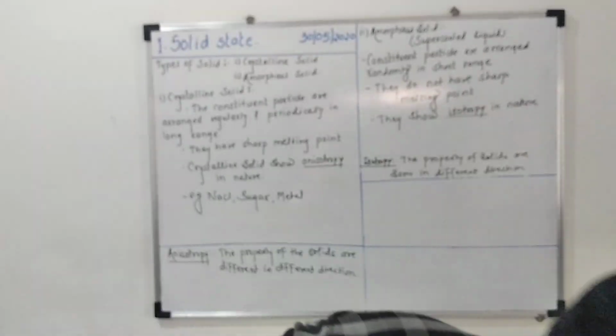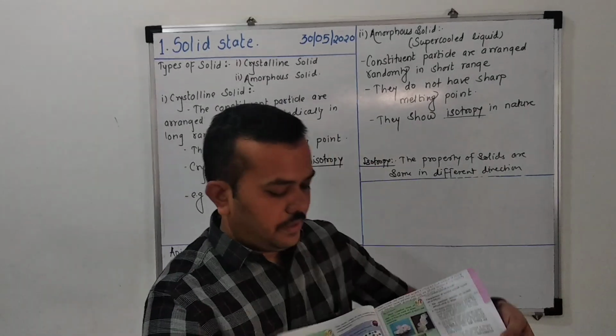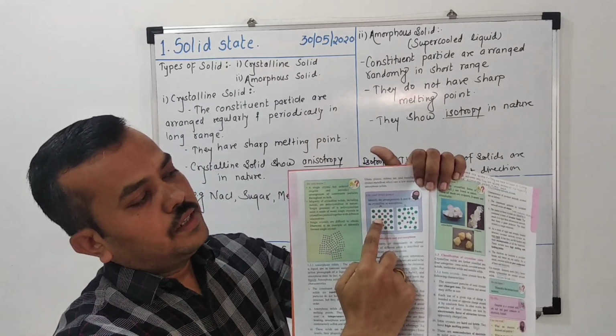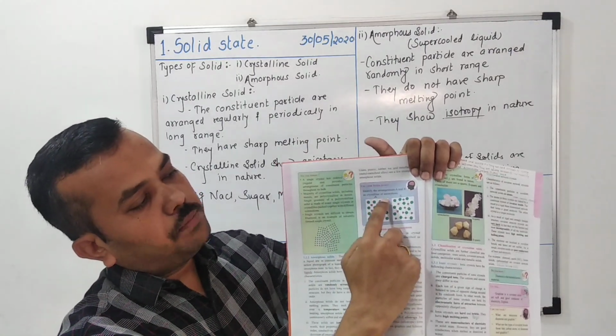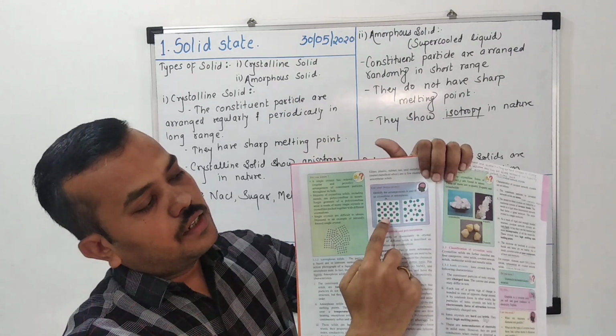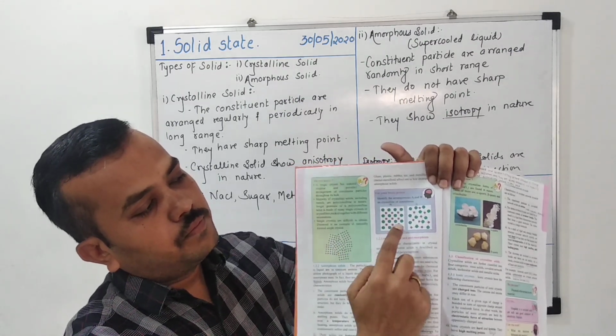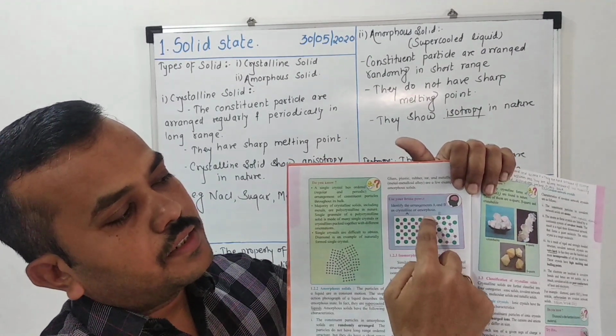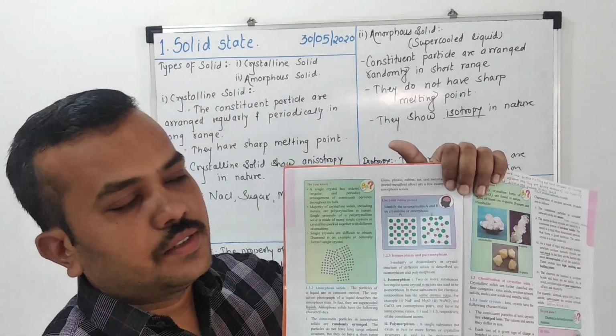In crystalline solids, the constituent particles are arranged perfectly, but in that diagram the constituent particles are arranged randomly.